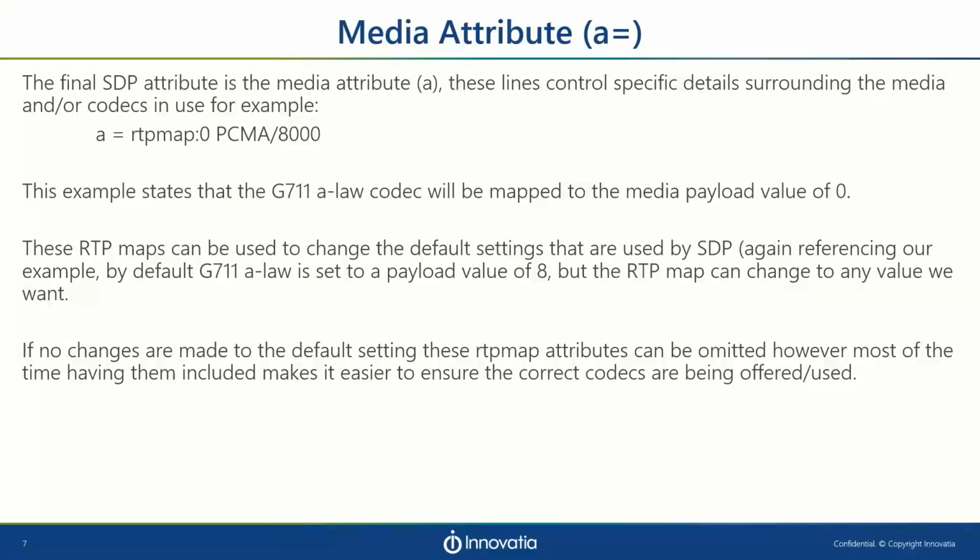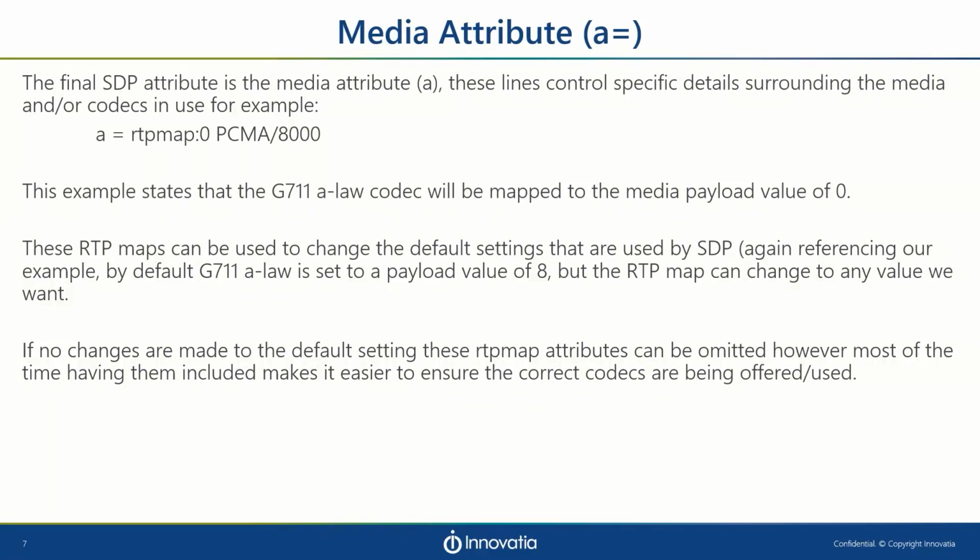So breaking down the media information attribute from the previous section just a little tiny bit more. I did say that the different media payload values, so from the previous section we have 8, 0, and 18, are each mapped to a specific codec.